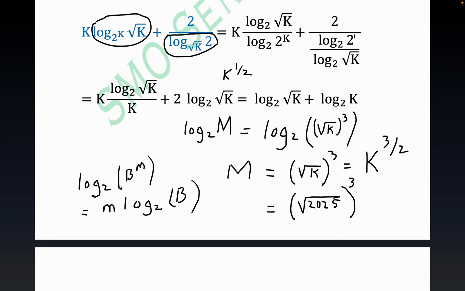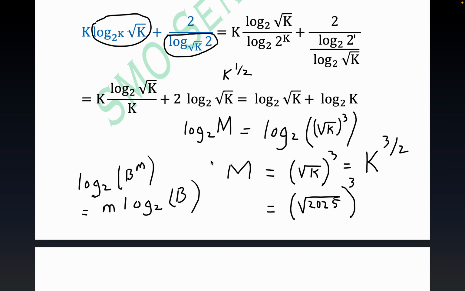Oh yeah, we use that rule right here. Or on this piece right here, folks, we used this rule because we could think of this as k to the 1/2, and that's why this 2 disappeared going from here to here. You see how from here to here, this is k to the 1/2, comes around to the front and kills the 2, and you got log base 2. Okay, we appealed to this rule right here.